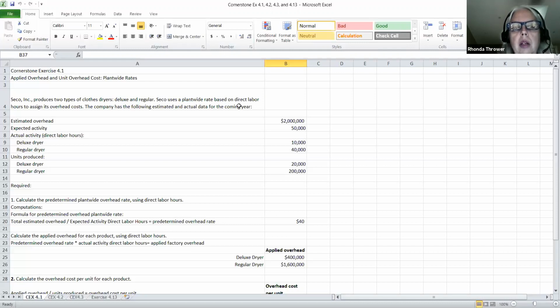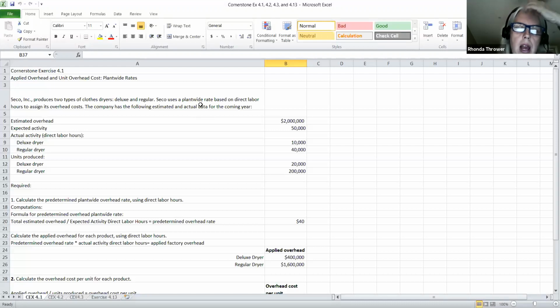machine hours. What we're going to be doing is producing dryers, and these are what we call units. So for a plant-wide overhead activity rate, we're going to base this on a way to measure the activity for the units, or determine how we are driving our factory overhead.